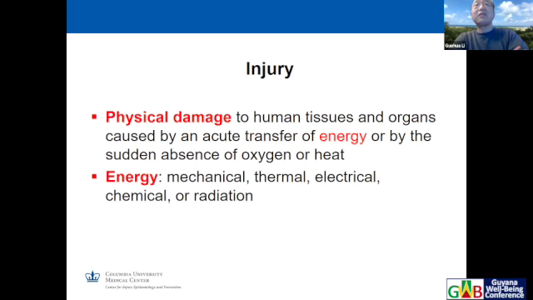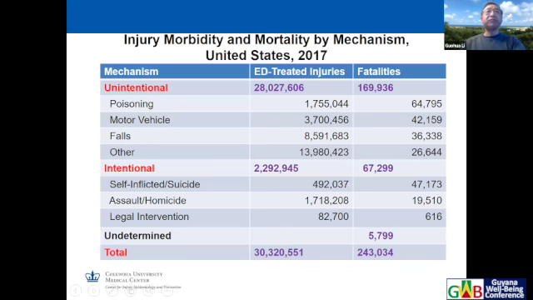So we tend to focus on the prevention of injury or to intervene on the acute transfer of energy. Energy has 5 different forms: mechanical energy, thermal, electrical, chemical, and radiation.